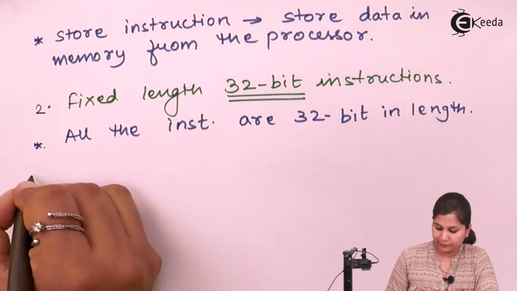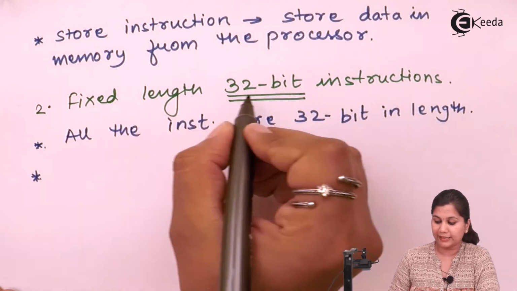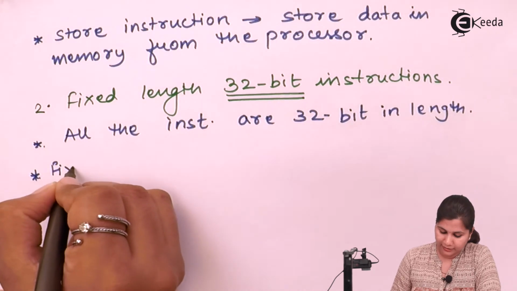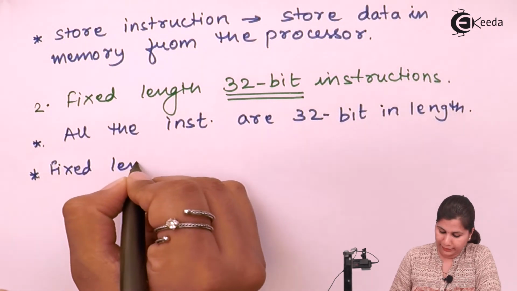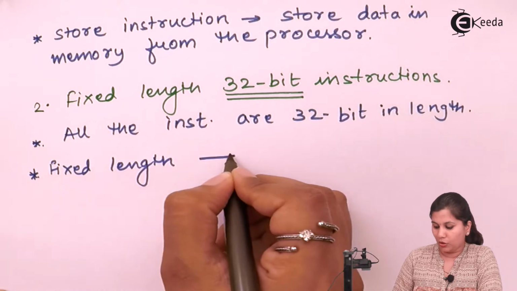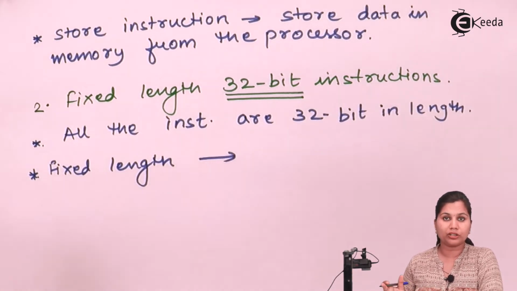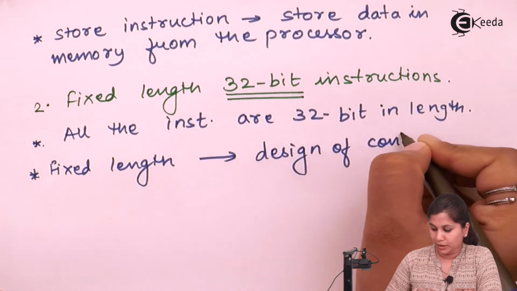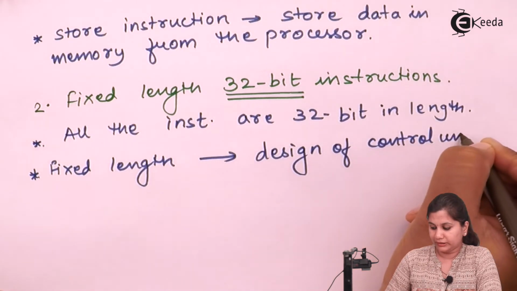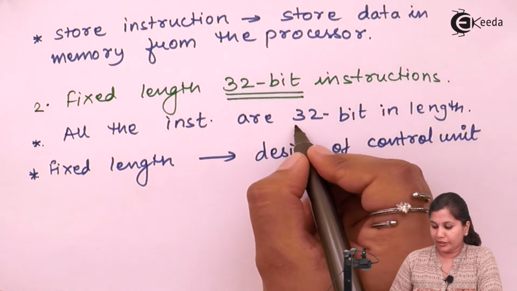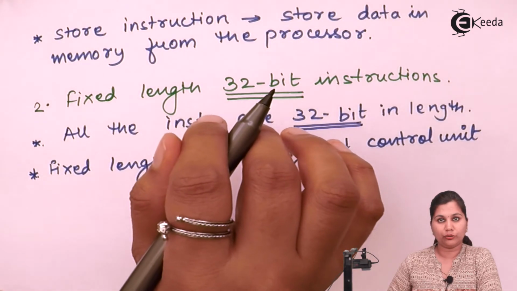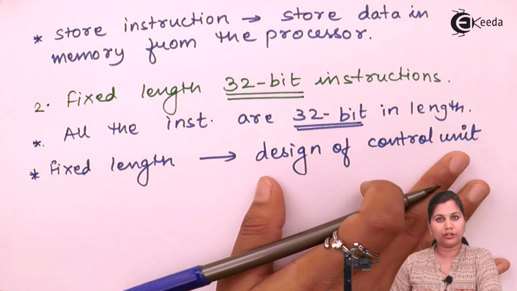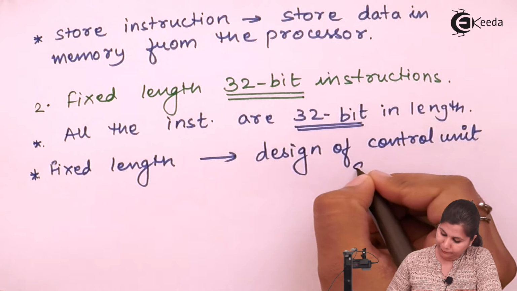Now this fixed length, because we have said that it is the fixed length 32-bit instructions, it makes the design of the control unit simpler. Because the control unit knows that every instruction will be of length 32-bit. So this length is fixed. Now if length is fixed, the control unit design will be simpler.